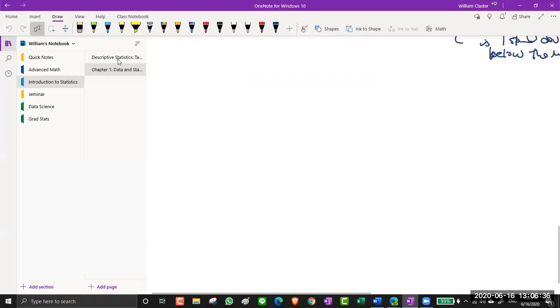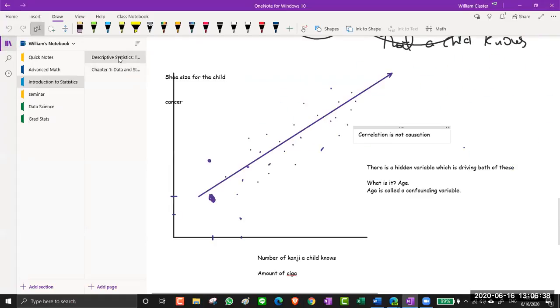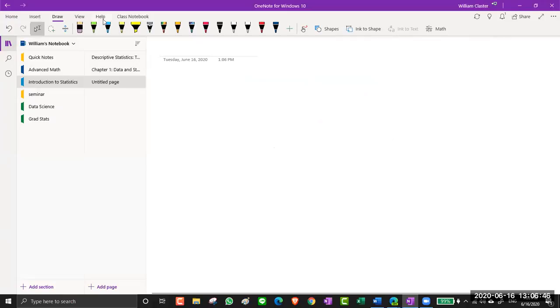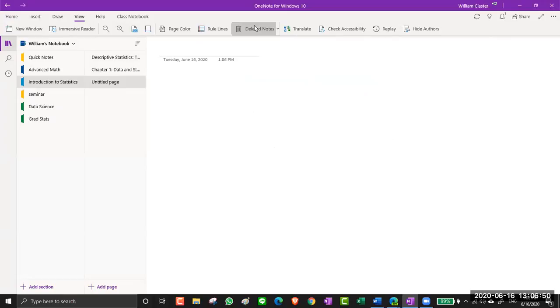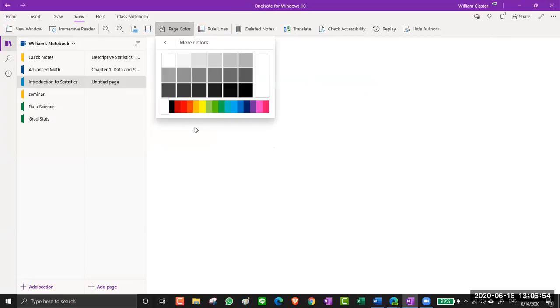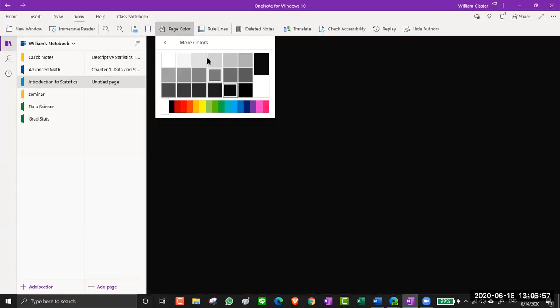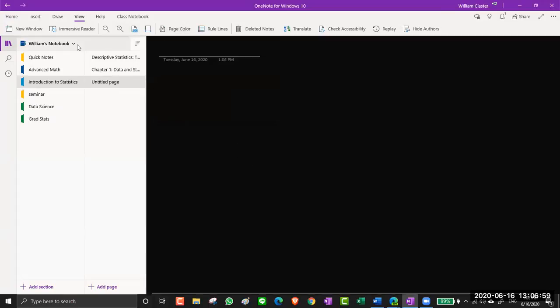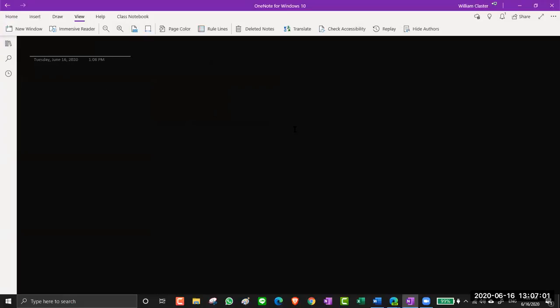I feel it's important for you to grasp this concept. I'll add a new sheet here, and I'll make it dark. Okay, and I'll go back to here. So here's the concept I feel is important.